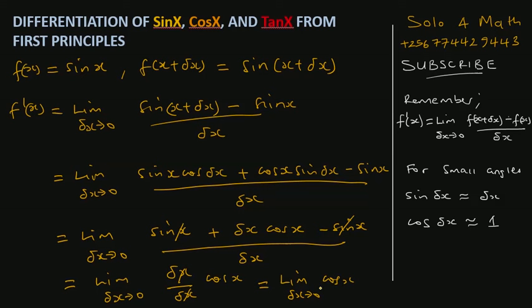But since we don't have the small change now in this function, then this one will be just that function, it is cos x, and that is the answer. So it means the derivative of sine x is equal to cos x. Let's look at another example.